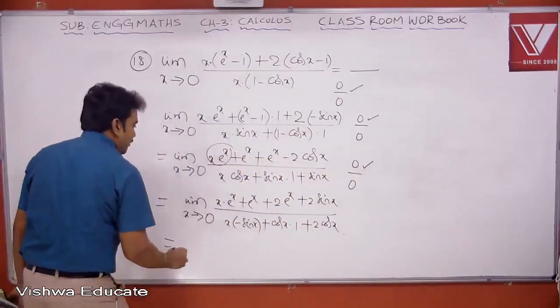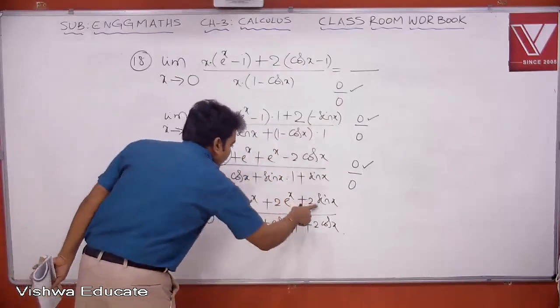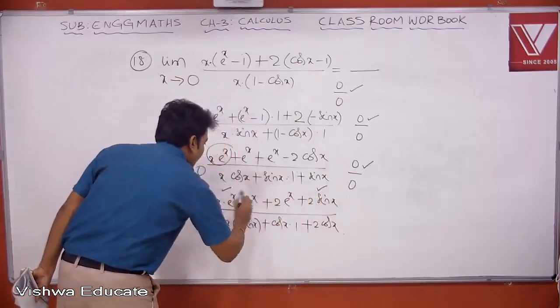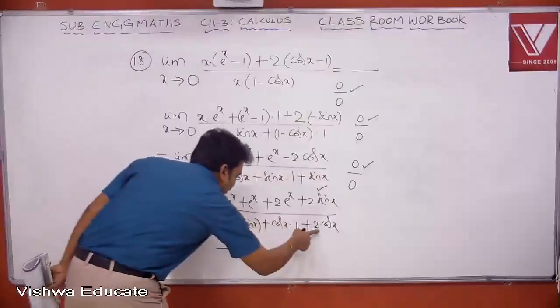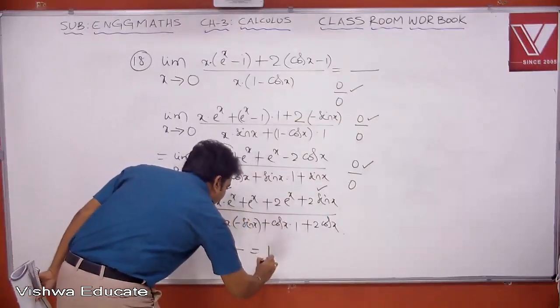Now replace x by 0. This will be 0. This will be 0. This will be 0. This will be 0. But this is 3 divided by, this will be 0. This is 3. So the result is 1.